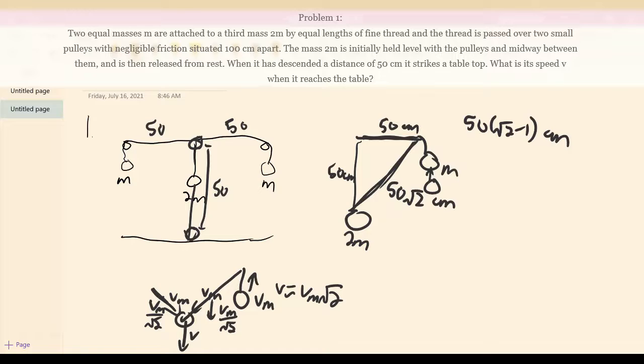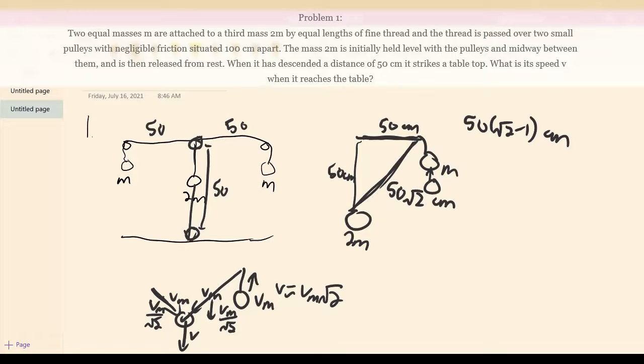Now we have everything we need to apply conservation of energy, which is the energy from these moving masses added together, and the gravitational potential energy added together. It should all be 0. The kinetic energy is just 1/2 mv squared for a mass m moving at velocity v.